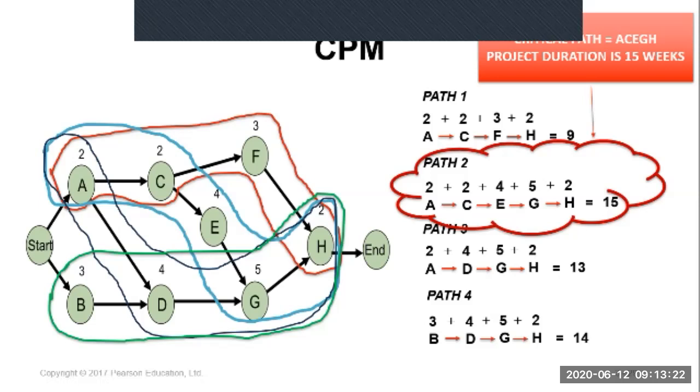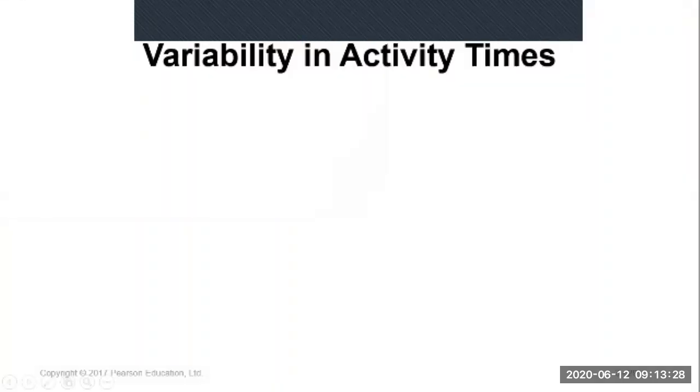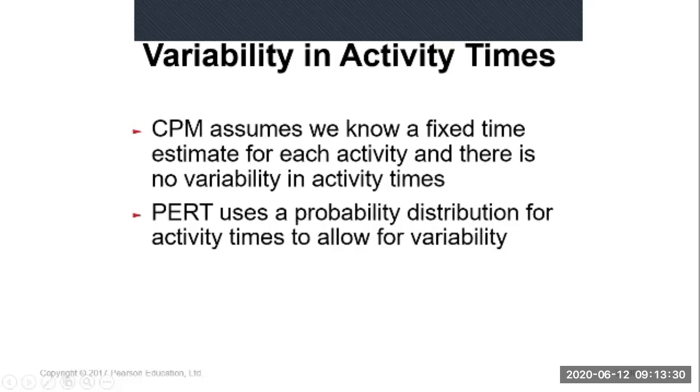Sometimes maybe A can be completed only in 4 weeks. It depends on the situation, so there is variation or variability in activity times. CPM can only be used when we have an exact or fixed time for each activity. But let's say you have another project where you cannot identify an exact or fixed time for each activity.